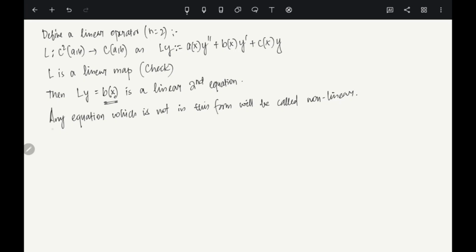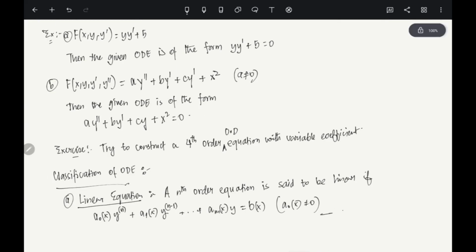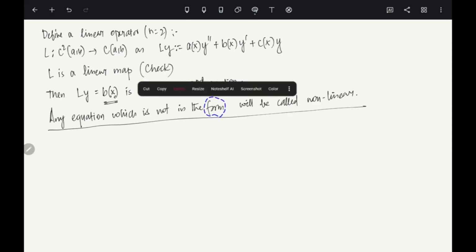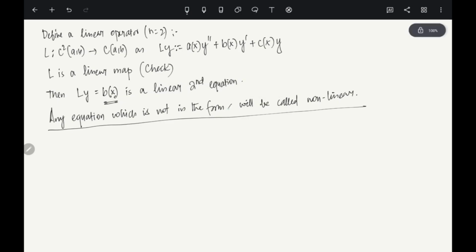So any equation which is not of the form star will be called a nonlinear equation. I hope this is clear.